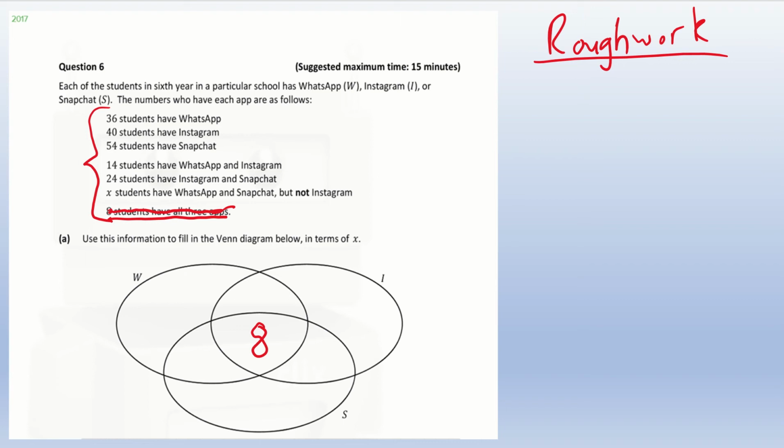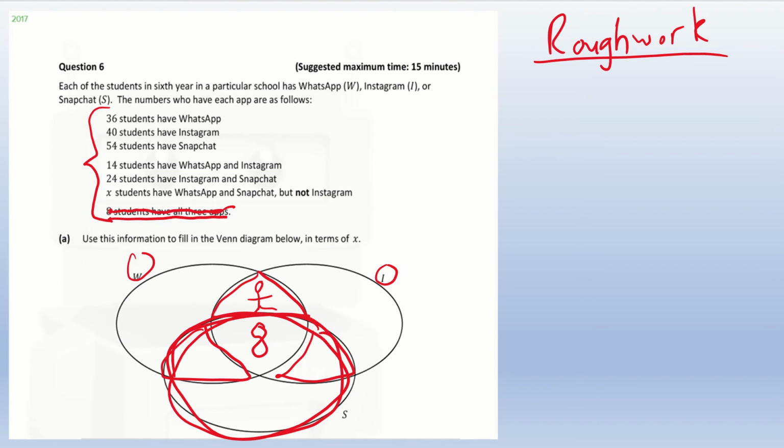Now, after this, we are going to concentrate on the next most exciting part of the Venn diagram, and that's this part, and this part. So if you were in this part here, that means you use Instagram and WhatsApp, but unfortunately you're not in the Snapchat set.